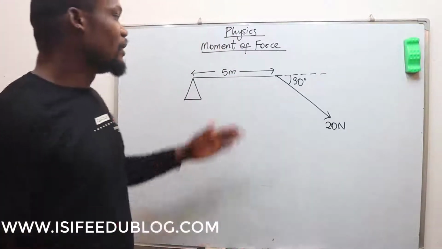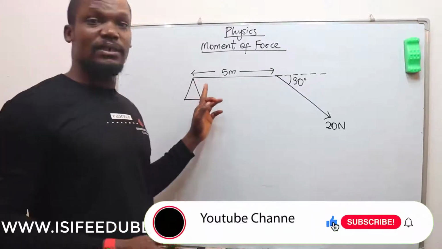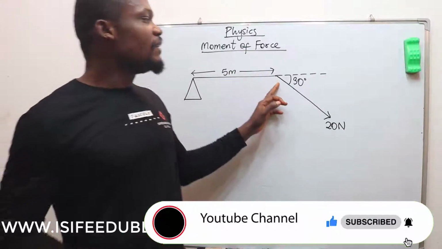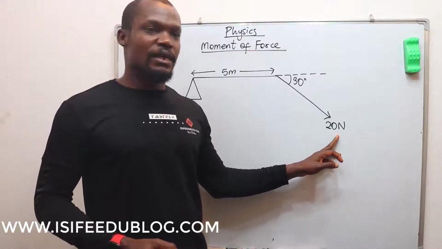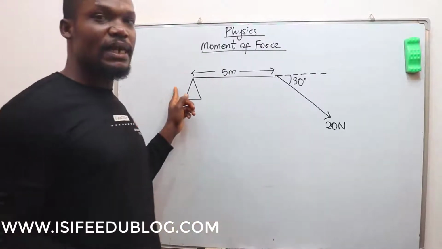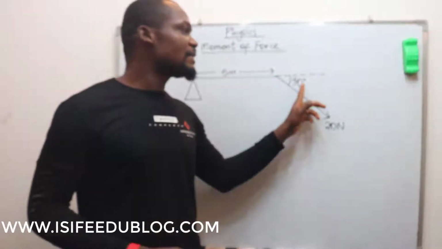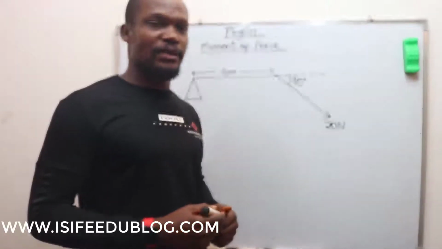In this particular question, we are given that the distance is 5 meter, and the force is 20 Newton. But the only difference here is that this force is not perpendicular to the distance or to the body. It is inclined at an angle to the horizontal, and the angle is 30 degrees.